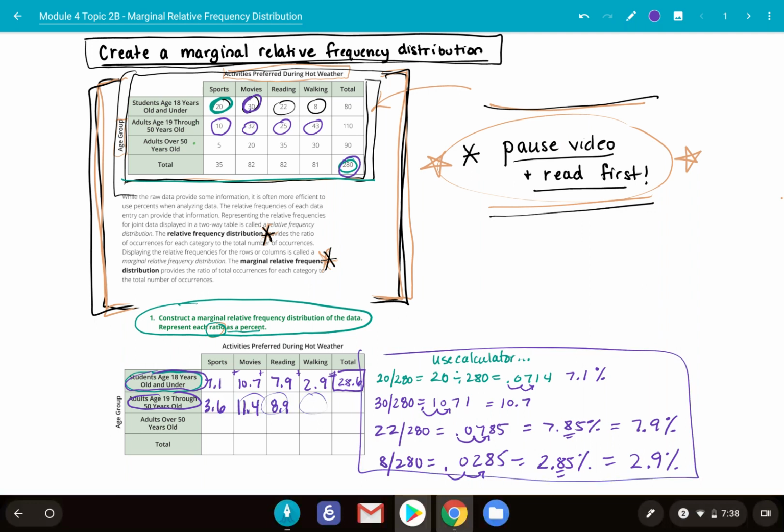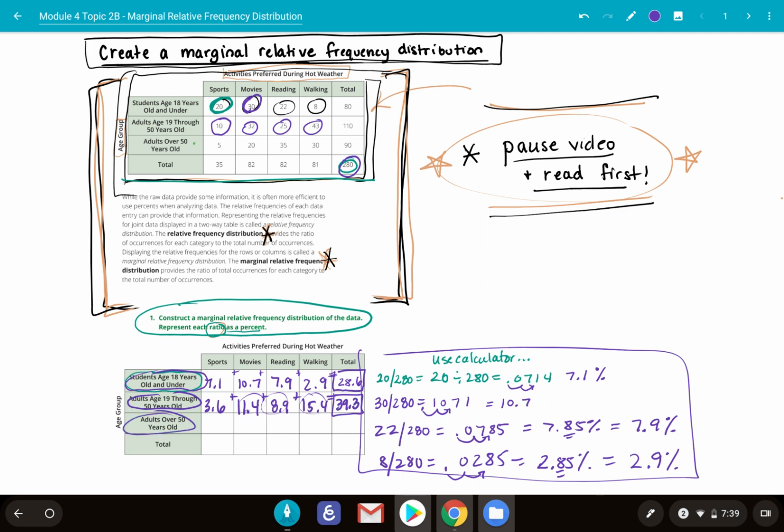For walking, we've got 43 out of 280, 0.1535, so I could round that to 15.4%. And then once I, again, add all of these to get this total. So if I have 15.4 plus 8.9 plus 11.4 plus 3.6, we get 39.3 is the total for that row.